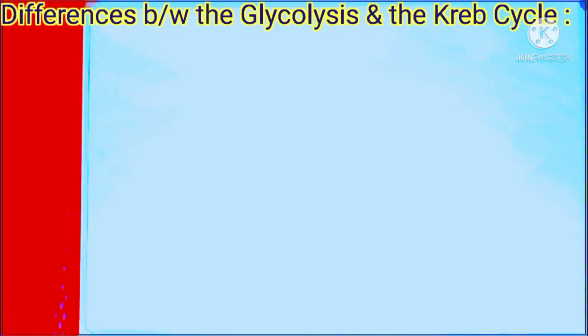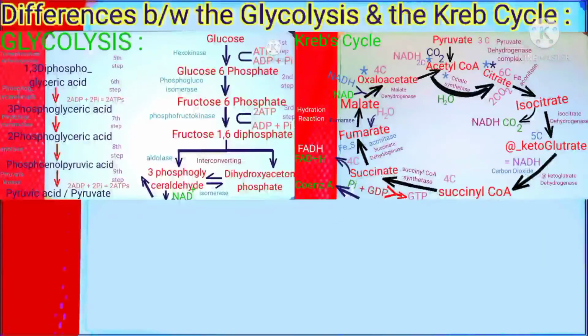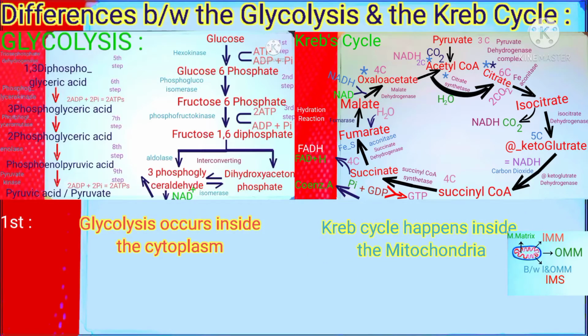Today we will talk about the differences between glycolysis and the Krebs cycle. It is the glycolytic picture, whereas it is the Krebs cycle picture. First difference between glycolysis and the Krebs cycle is that glycolysis takes place inside the cytoplasm of any cell of any organism, whereas the Krebs cycle functions inside the mitochondria.